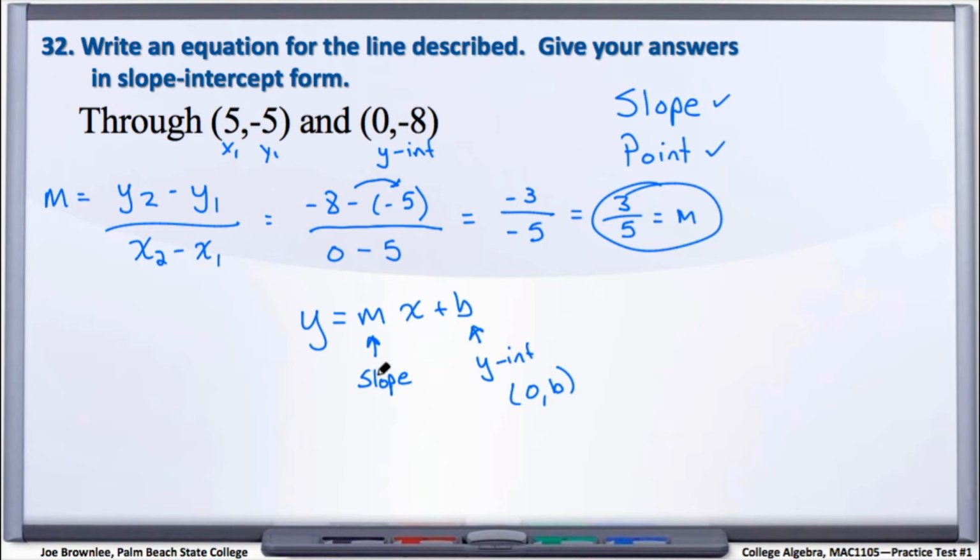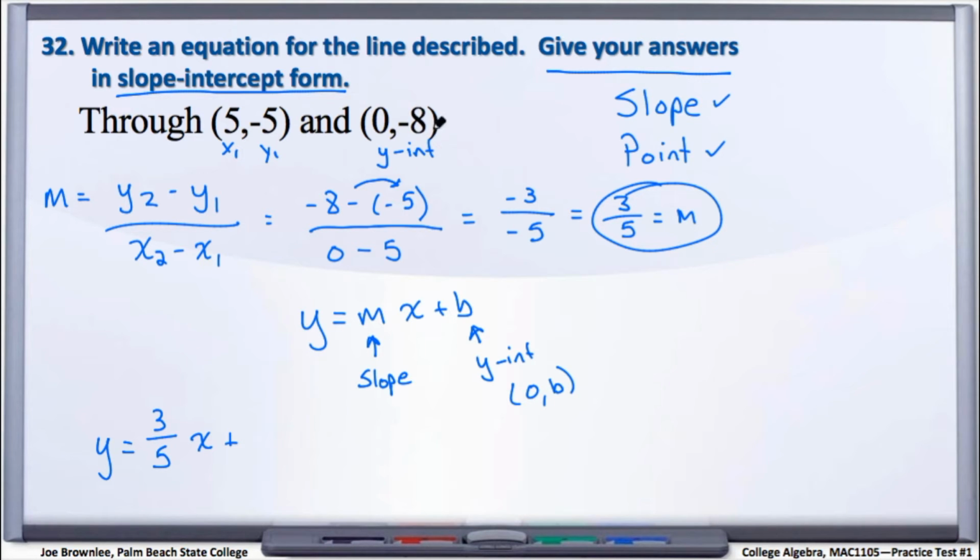Well, do we have a slope? Yeah, we sure do. We have our m equals 3 over 5. We just found that. And do we have b? Do we have the y-intercept? Yeah, we do, don't we? (0, -8). So, if they want our final answer in slope-intercept form, let's make our lives easy and go right to slope-intercept form by saying y equals m, so 3 over 5, x plus b.